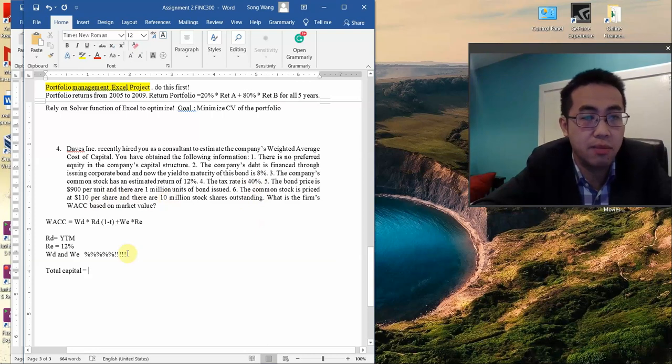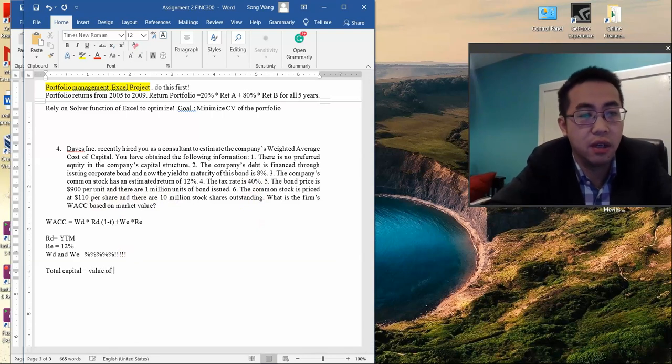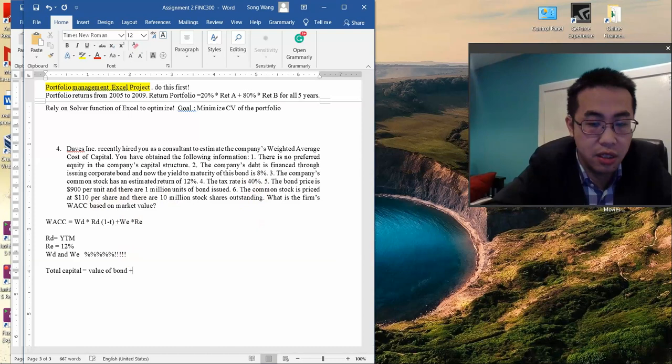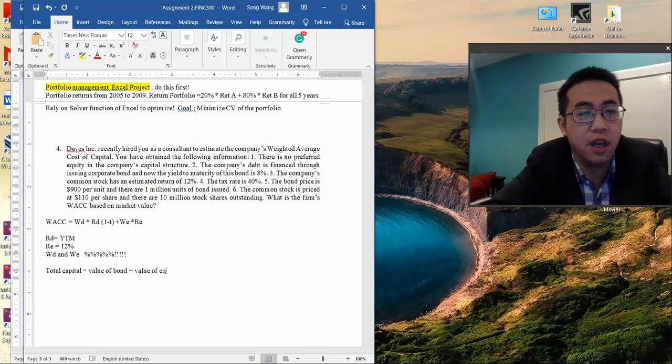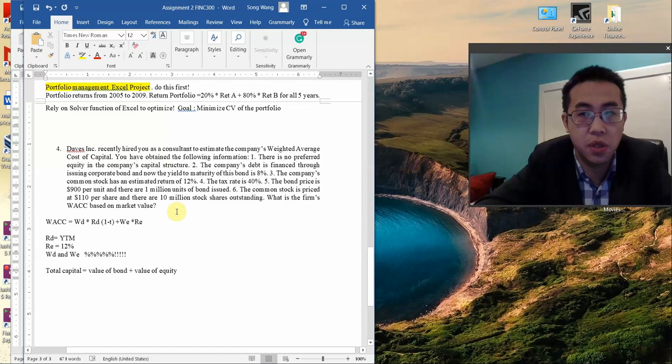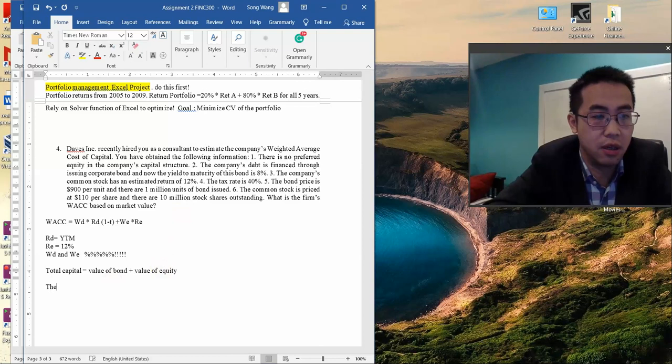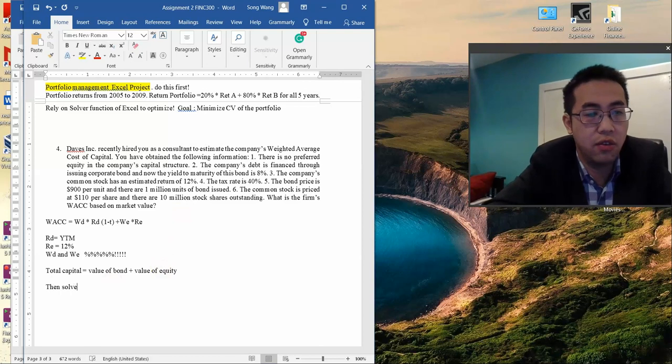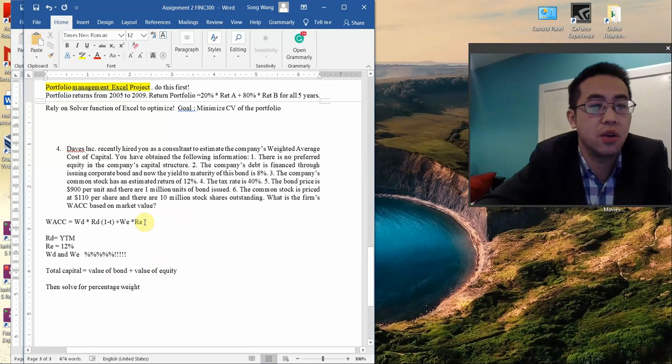The product gives you the total market value of common equity. So it's the value of debt plus the value of equity. Each value is the price per unit times the number of units, and then you solve for the percentage weight. So that's how you do this problem.